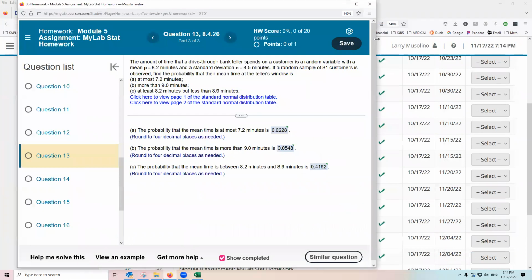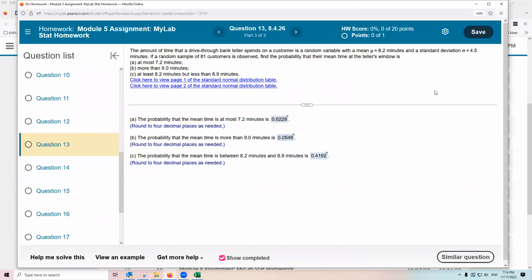If you notice here, they're telling us that the amount of time a drive-through bank teller spends on a customer is a random variable with mean 8.2 and standard deviation 4.5. And we're taking a random sample of 81 customers. Find the probability that the mean time is at most 7.2 minutes, more than 9, between 8.2 and 8.9.